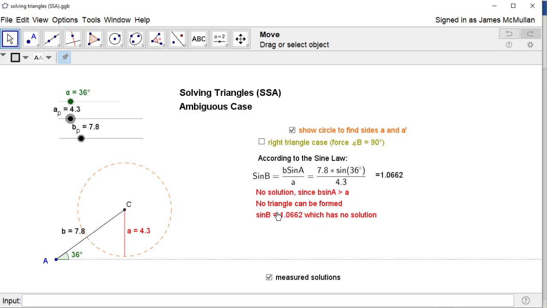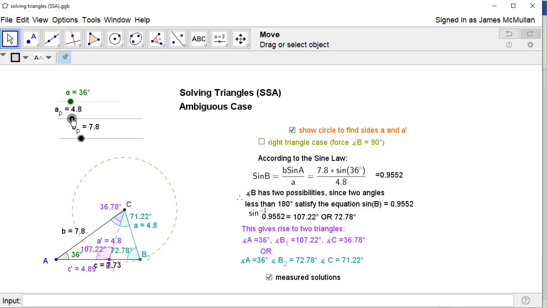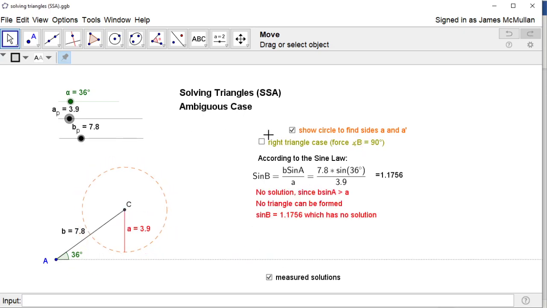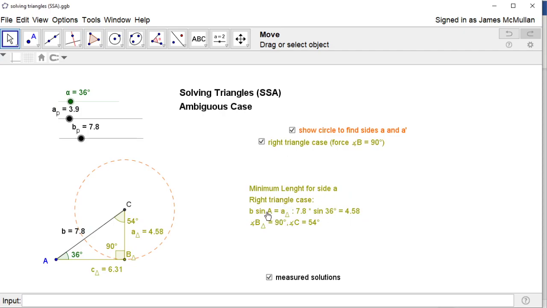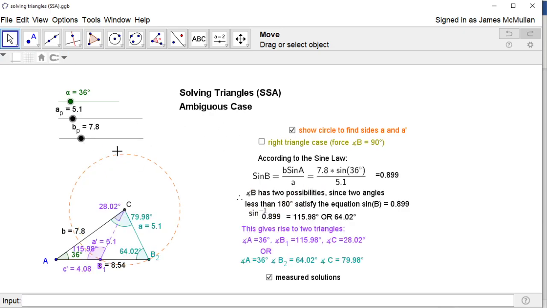You try to do this, you try to do sine B equals 1.066, and you can't do that because, as I said before, you can't inverse sine a number bigger than 1. So if it is equal to exactly b sine A, then you get a right triangle. If it's greater than b sine A, then you have two answers.